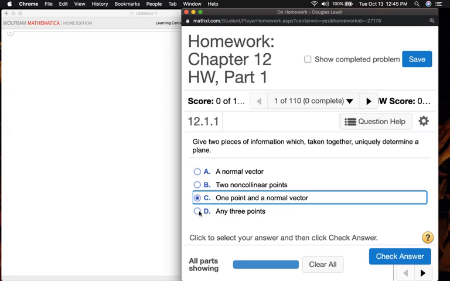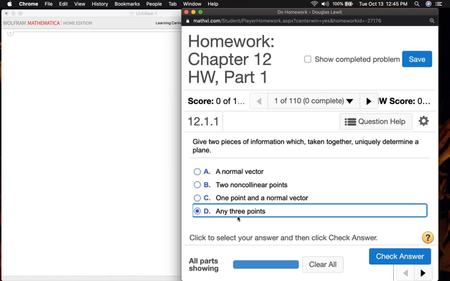Now, answer D is almost right. It's any 3 points, but they have to be non-collinear points. Collinear points are points that belong to the same line.